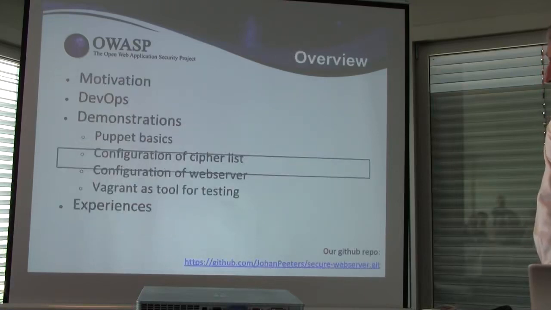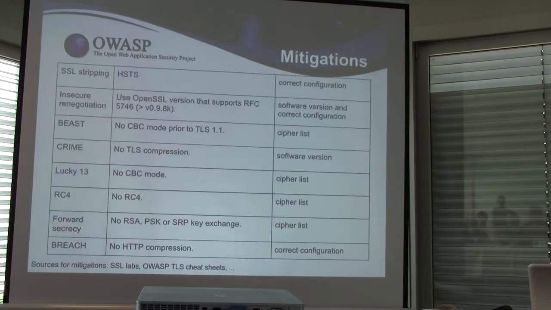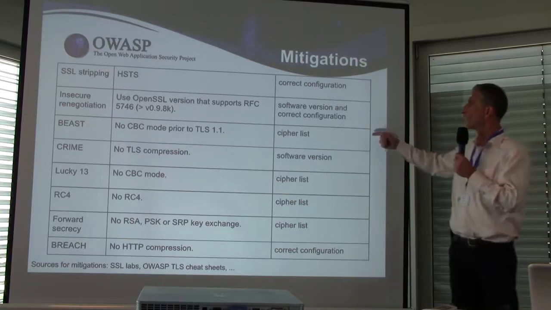Okay, so what I would like to do now is to drill a bit deeper into the configuration of Nginx. As an introduction, I wanted to repeat the list of vulnerabilities that have been in the news recently and point out that the cipher list is going to address a number of these.